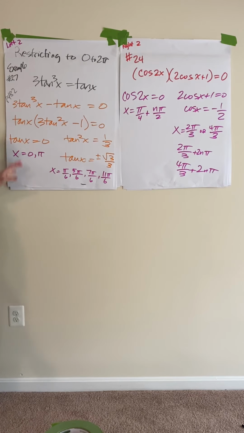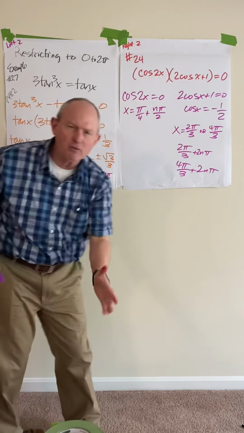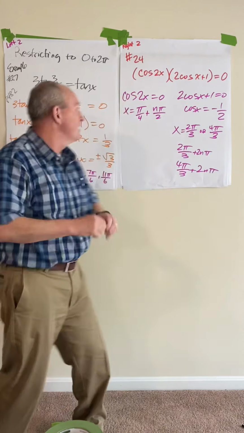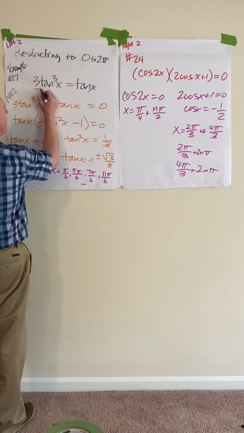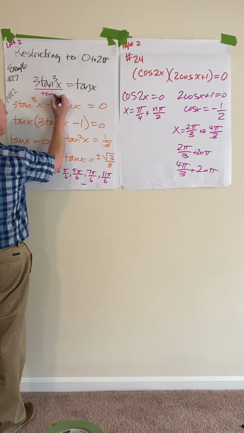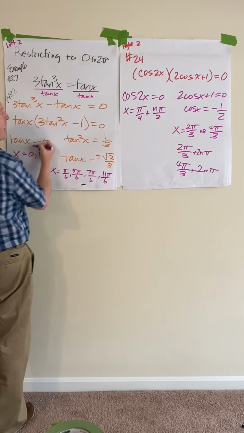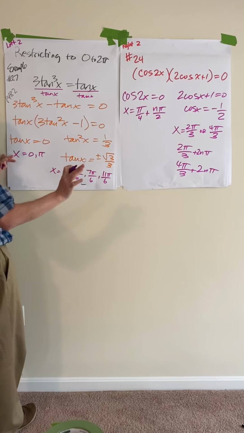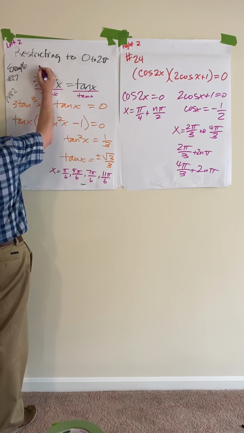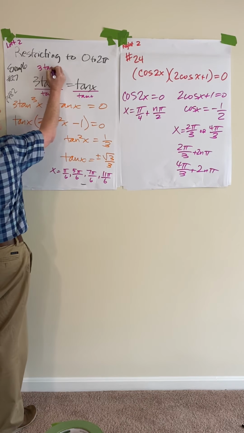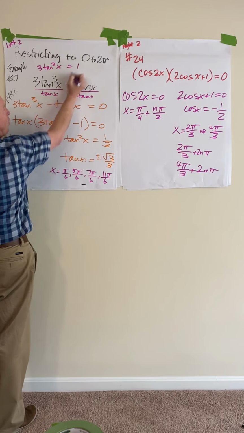Now, one thing I want to point out: if we had incorrectly and ill-advisedly divided this thing by tangent x to start with, which is bad, then our next step would have been 3 tangent squared of x equals 1.